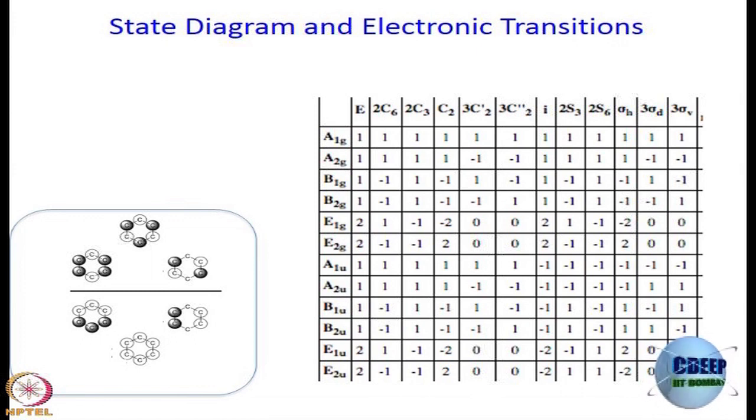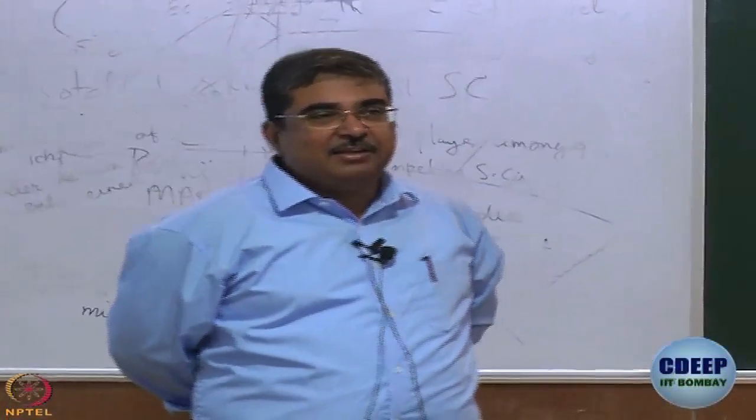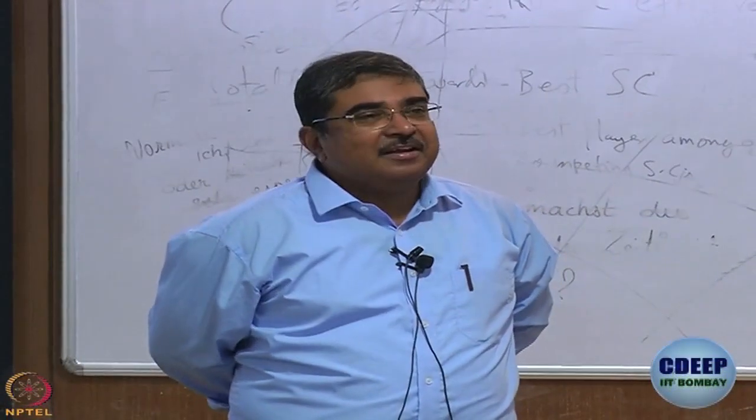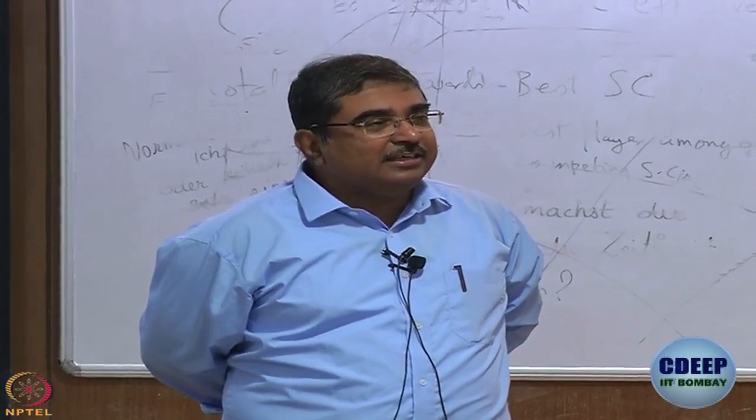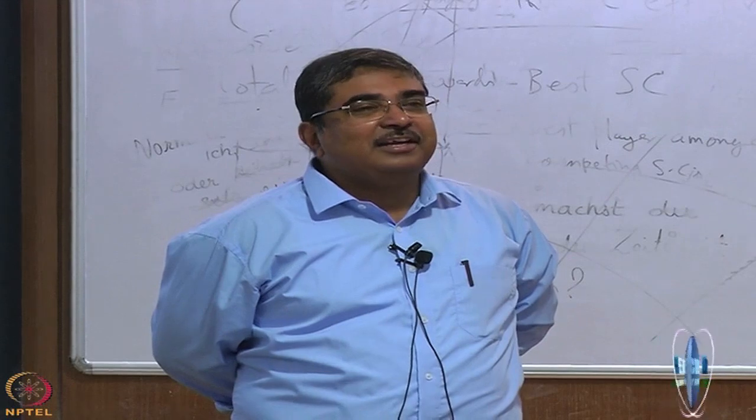So, when I have something like this, what would be the symmetry of that? The lowest energy molecular orbital, what would be the symmetry? Yes, A1g. A1g is totally symmetric. Do we agree that the lowest energy molecular orbital here will be A1g? Do we all agree?